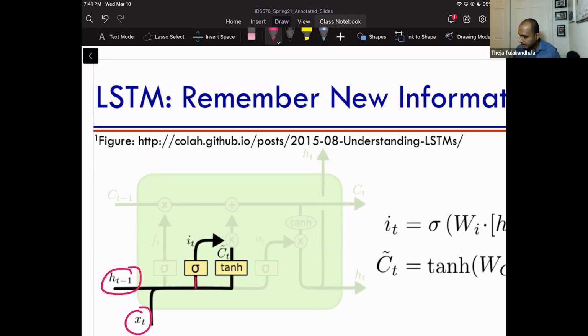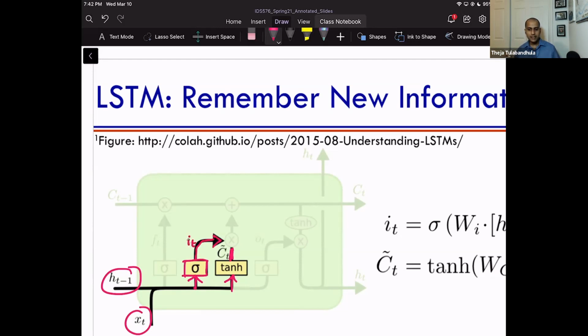Now we're going to pass it to two locations. One is the usual tanh layer, which just does the nonlinear transformation, and that will get an output which is C tilde t. Then we'll also pass this concatenated thing to another sigmoid nonlinearity, and we'll call the output little it.